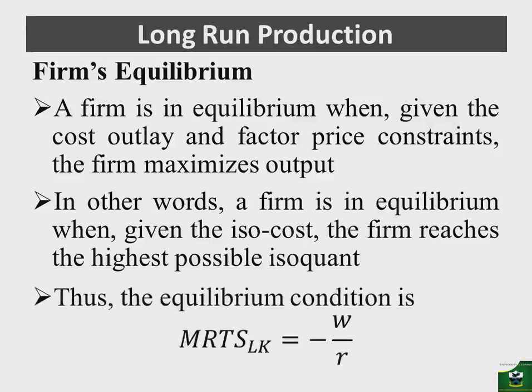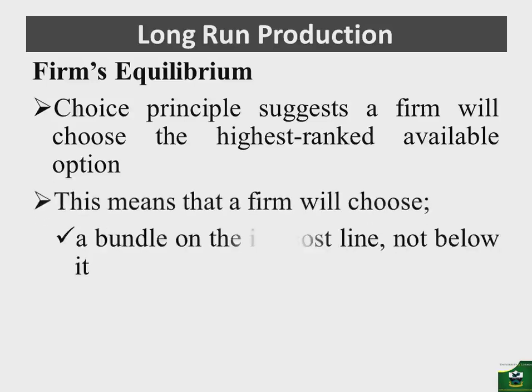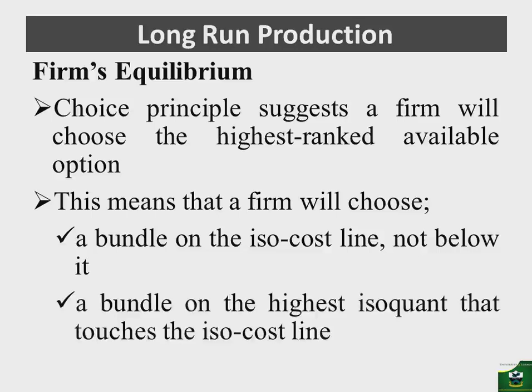Thus, the firm is in equilibrium if the slope of the isoquant is equal to the slope of the isocost line. With this, the choice principle for the firm requires that the firm chooses the highest ranked available option. It means that the firm will choose a bundle on the isocost line and not below it, and a bundle on the highest isoquant that touches the isocost line.